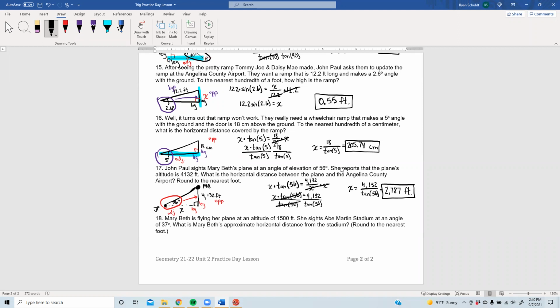Well, let's think about this. If she's flying, so here she is up in the air. She's going to have to look down at the stadium. So she's going to be looking down. Down here is going to have to be the stadium.